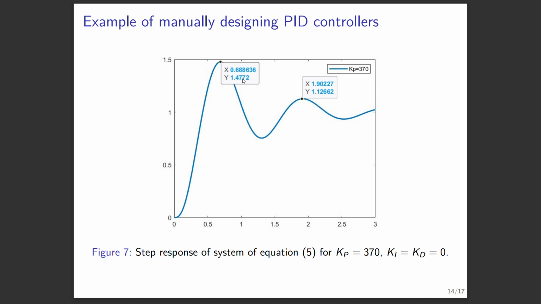Now, what I want to happen is that in one period, and one period of a wave is either from this point to this point, or alternatively from the peak to the next peak.